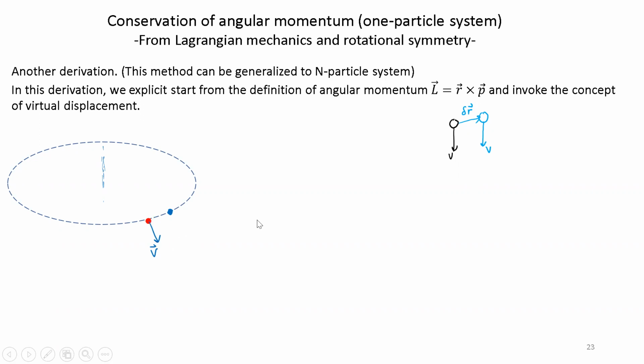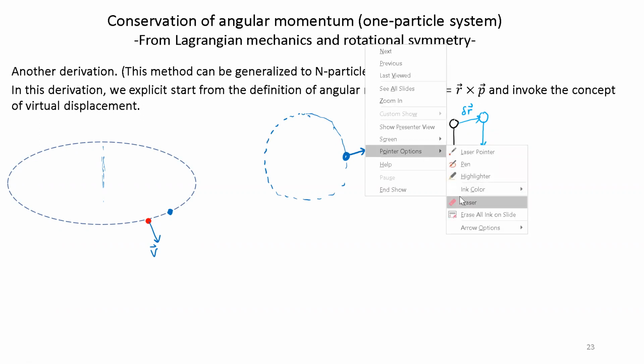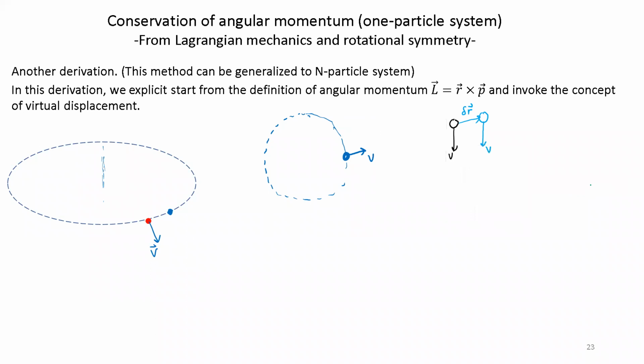If I draw another picture, let's say I look at the system from the top. Originally the particle is right here, and the velocity vector is pointing like this. After you do the angular virtual displacement, the particle is over here, and correspondingly the direction of your velocity vector also has to change according to your angular displacement.